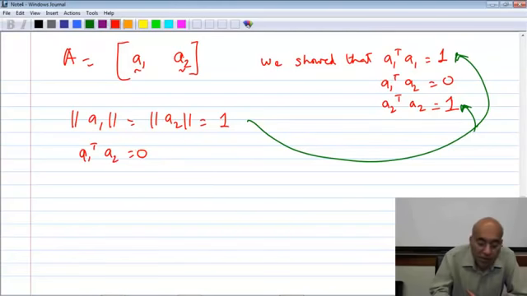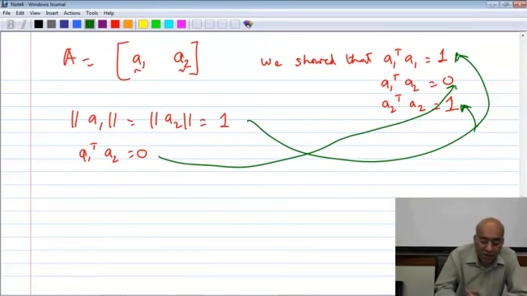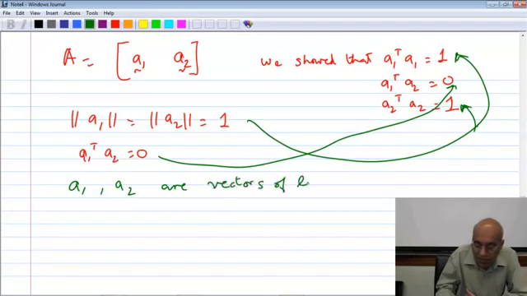And where did we see that? We saw that here. So that says that each column is of length 1, and if I take the dot product of 2 of these columns, that gives you 0. So it's a very pretty situation. This means that essentially A1 and A2 are vectors of length 1 which are mutually perpendicular.